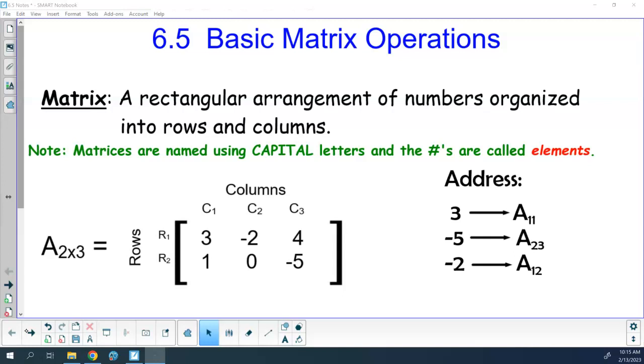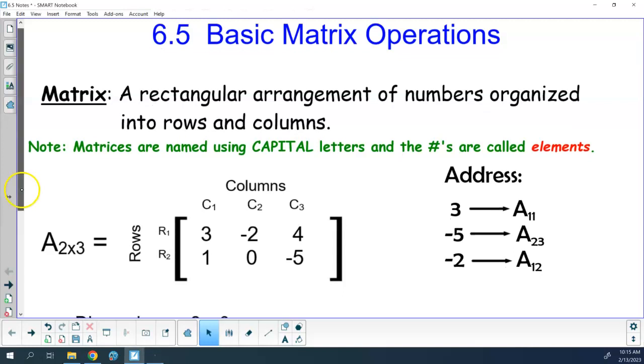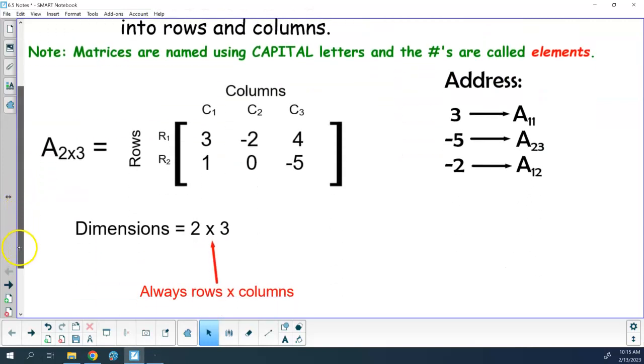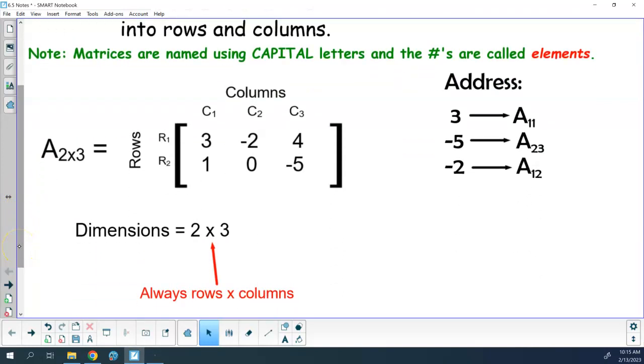The reason it's a 2 by 3 matrix is because the size of a matrix always goes off of rows by columns. That, ladies and gentlemen, is the #1 rule.